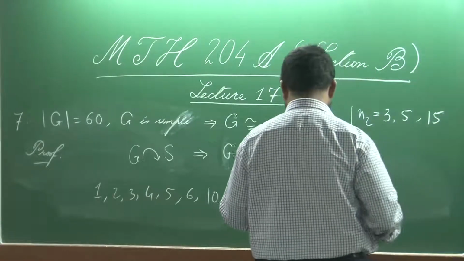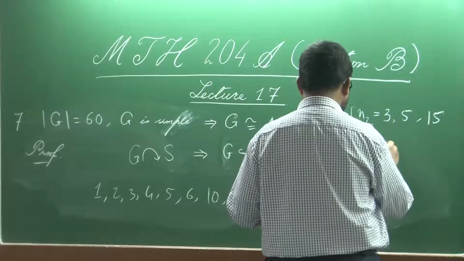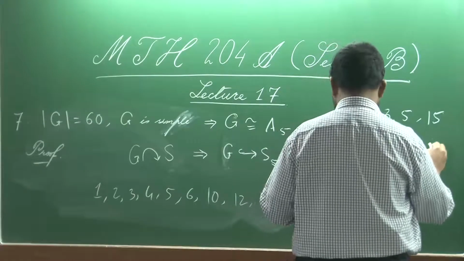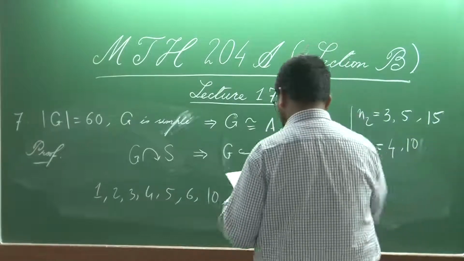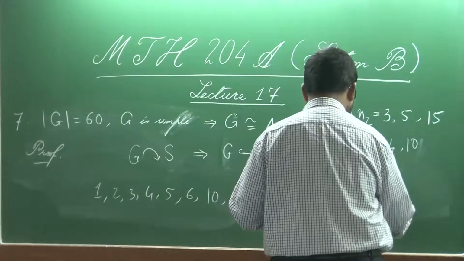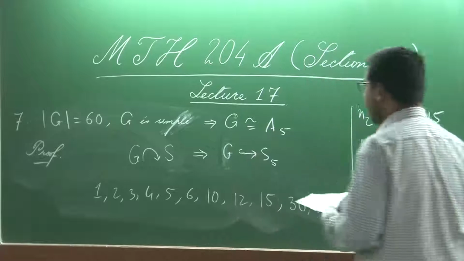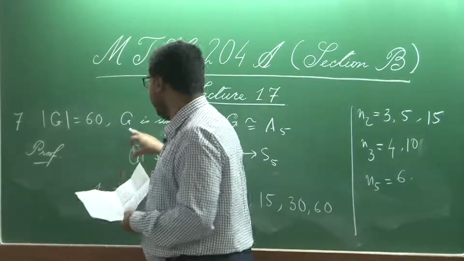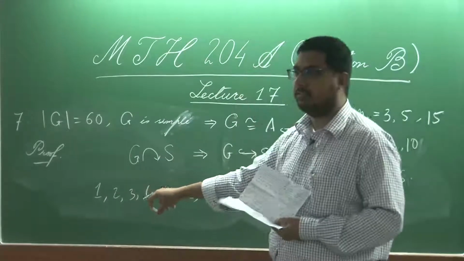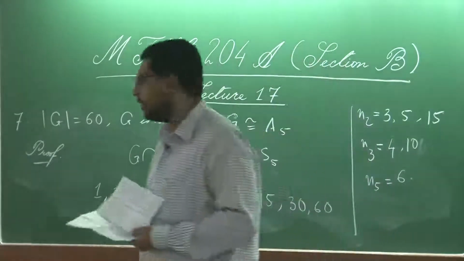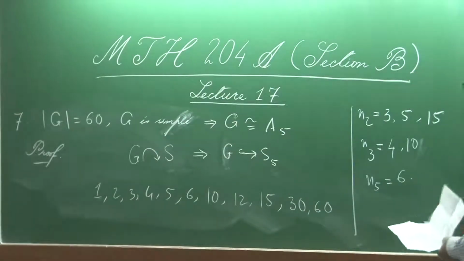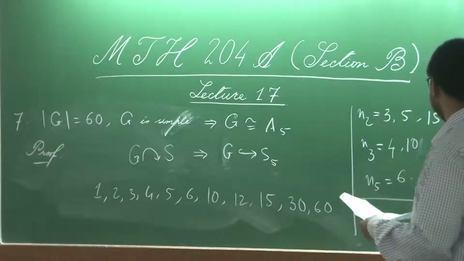These are the possibilities for N2. Similarly for N3, 4, 10, and I think no more. And then N5 is only 6, because N5 equal to 1 cannot happen because of the simplicity. N5 equal to 1 means the Sylow 5 subgroup is normal, but that cannot happen because G is assumed to be simple.